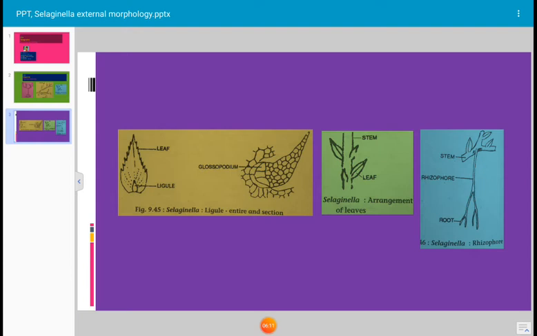Let us see rhizophore. Photo is shown here to the right side. The branching of the stem is dichotomous, but in mature plants it becomes monopodial as one of the two branches is better developed than the other. At the angles of the branching develops a leafless cylindrical branch which is known as rhizophore.